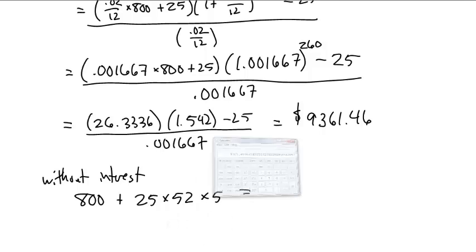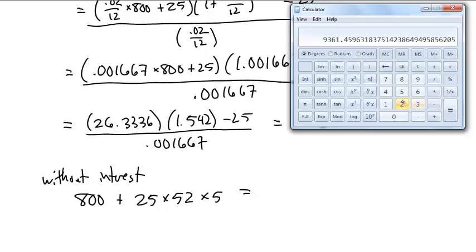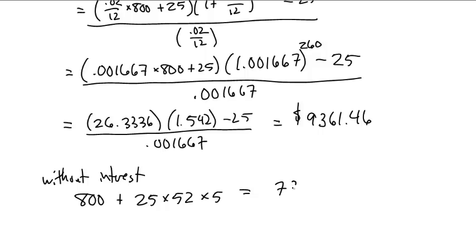Let's do the multiplication first: 25 times 52 times 5, plus $800, is 7,300 bucks. So 7,300 of that 9,300 is straight up the money that you put into the bank, but the other 2,000 is the interest that you earned, and 2% interest is pretty squat.